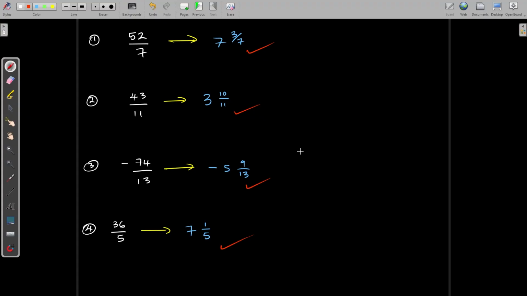Sure. So for number 3, I don't understand how to get 9 because I'm getting 7. So you'd say 13 into 74, or how many 13s we can get from 74, and that would be 5.